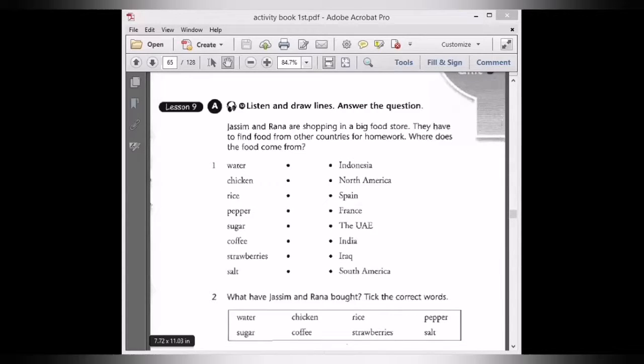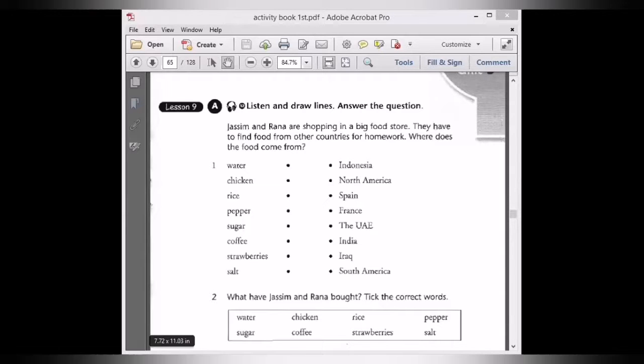Rana, we have pepper at home. Put it back. OK, but write that down. Pepper from Indonesia. OK. What's next? Sugar. We need sugar. I'll get it. Here you are. It's from North America. OK. Sugar from North America.